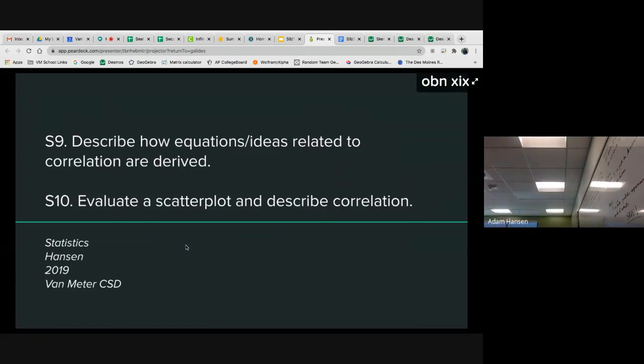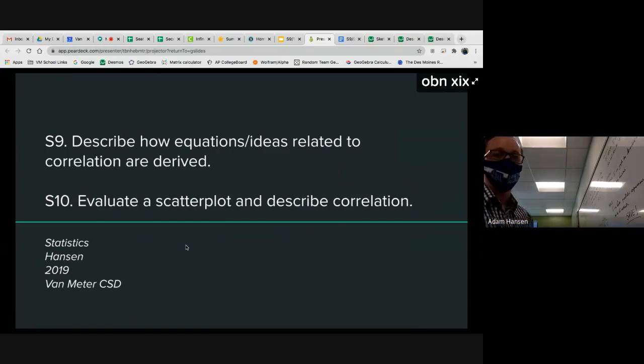We're going to look at the equation and ideas behind correlation, an actual correlation score for a set of bivariate data. Correlation coefficient talks about the R value. I don't know if you've used the R value before. R varies between -1 and 1. The closer R is to ±1, the stronger the relationship is between the data. The closer your R correlation coefficient is to 0, the weaker the relationship.